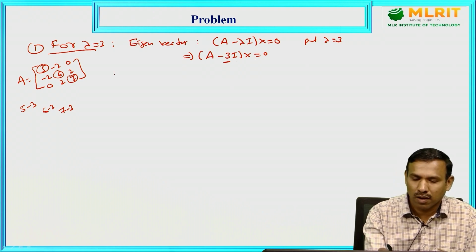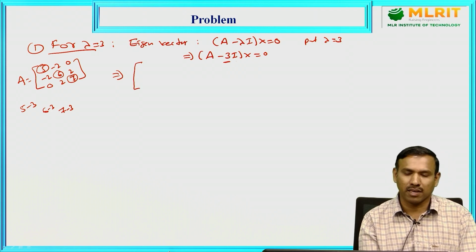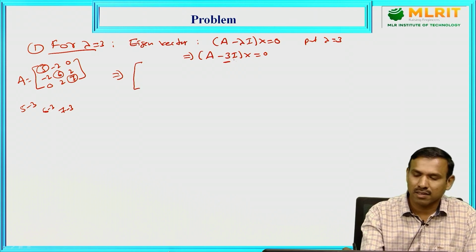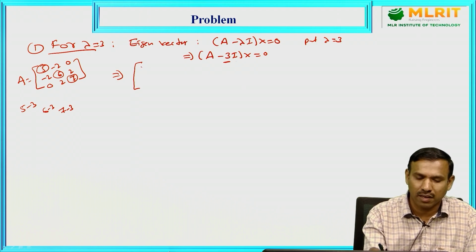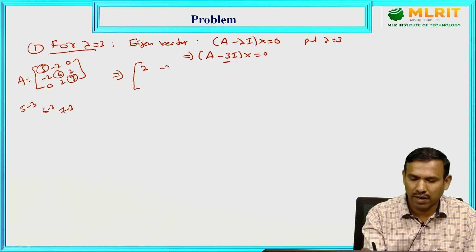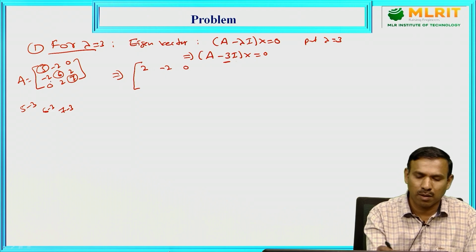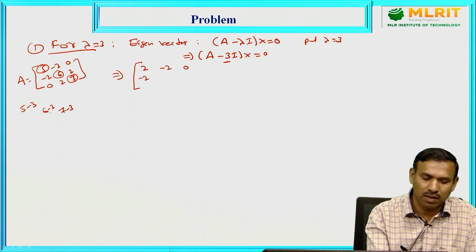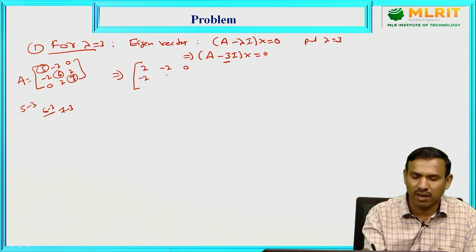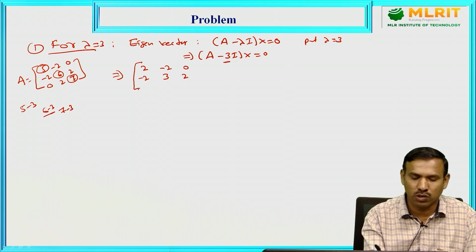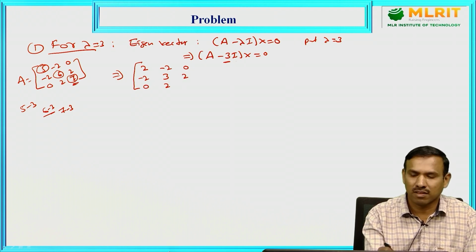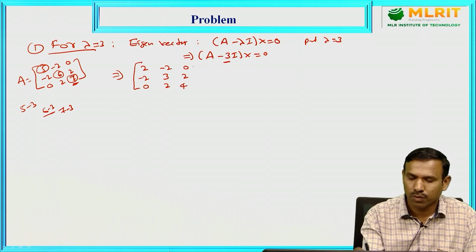So I am writing A minus 3I. Subtract 3 from the diagonal elements: 5 minus 3 is 2, minus 2, 0. Next row: minus 2 no change; second diagonal element 6 minus 3 is 3; remaining element 2. Third row: 0, 2, and the third diagonal element 7 minus 3 is 4.